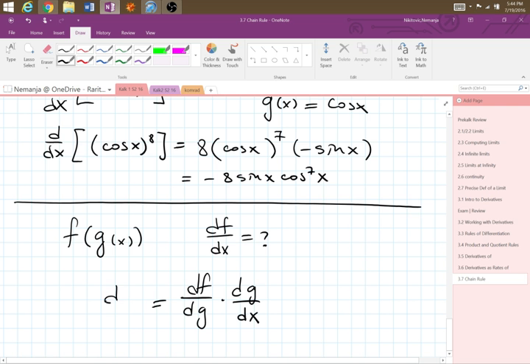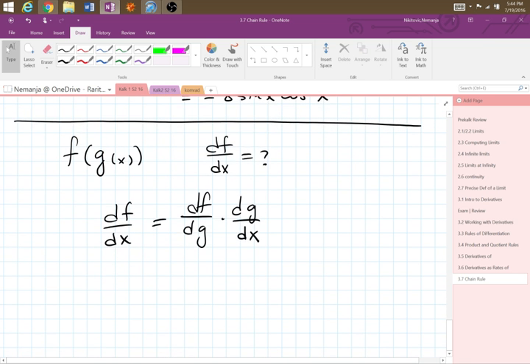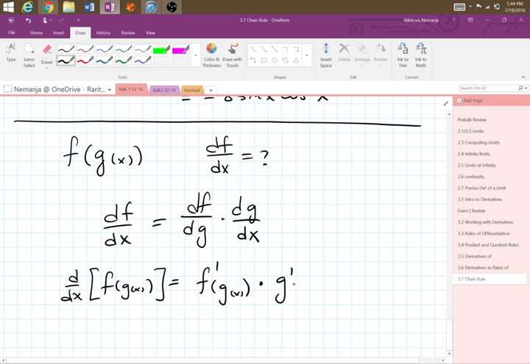So this is another way to write the same thing. Essentially this one over here is the derivative in respect to x of the function composition, and on the other side you have f prime with g plugged in, that's what it means that it's in respect to g, and then times the derivative of g in respect to x.